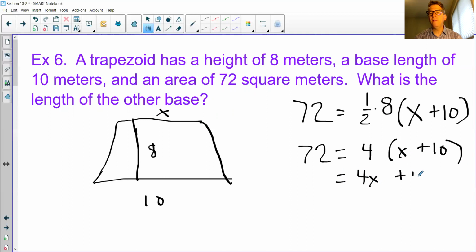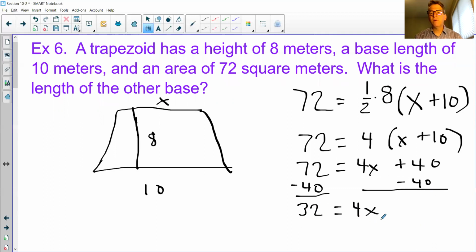4x plus 40 is equal to 72. Then we can continue to solve for x by subtracting 40 from both sides. That brings you to 32 on the left, equal to 4x.